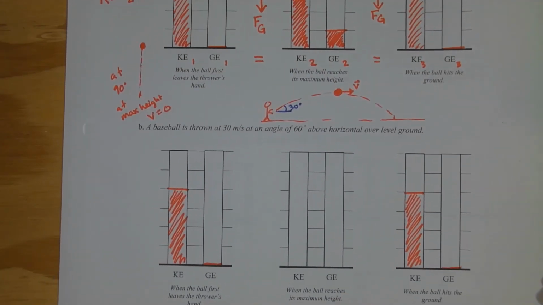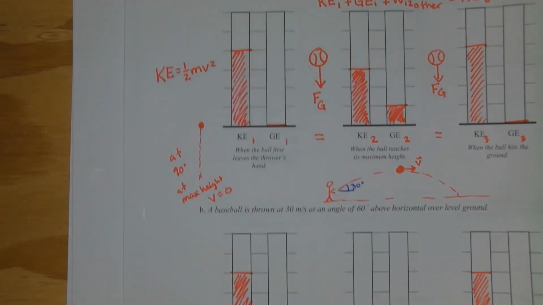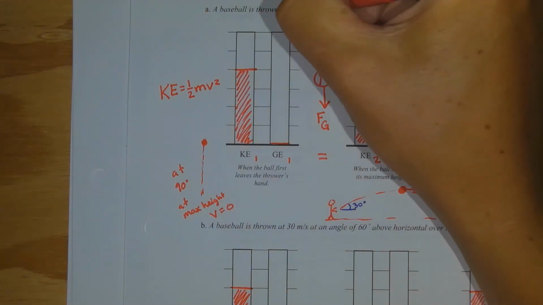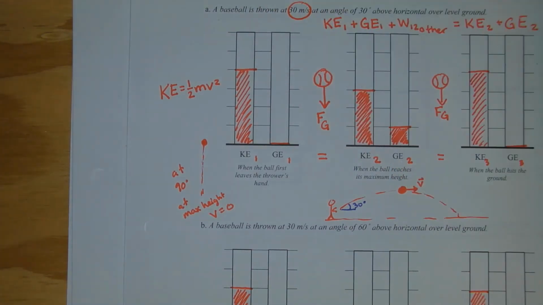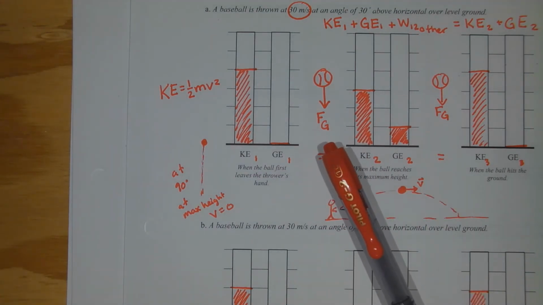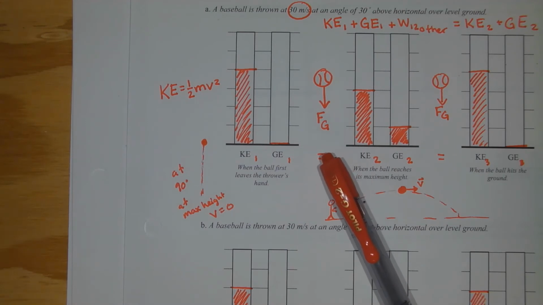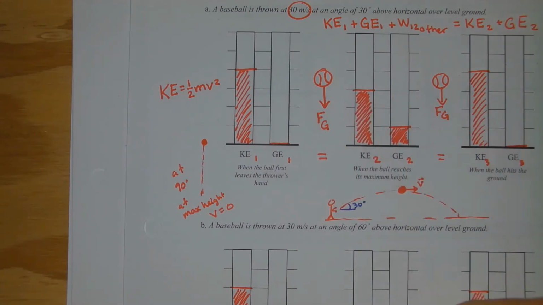So the ball started off with a speed of 30 meters per second, and there are no forces acting in the horizontal direction, so the horizontal velocity stays the same the whole time.